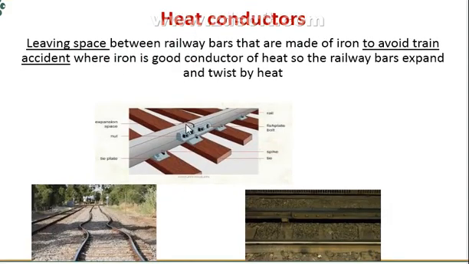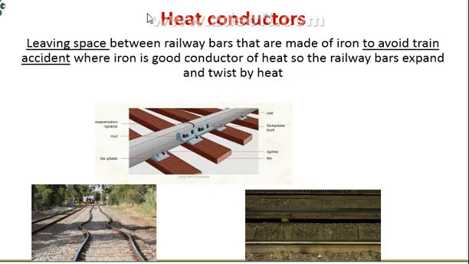So, a life application of heat conductors. We leave space between railway bars, as in the photo. Railway bars are made of iron, where iron is a good conductor of heat, so the railway bars expand and twist by heat.